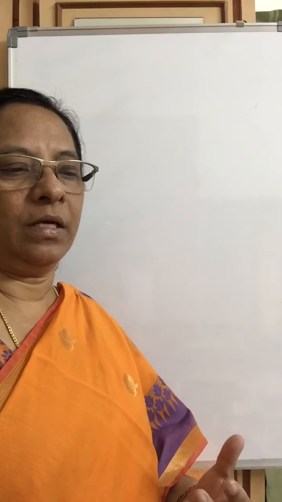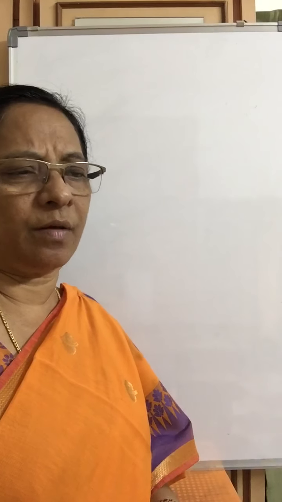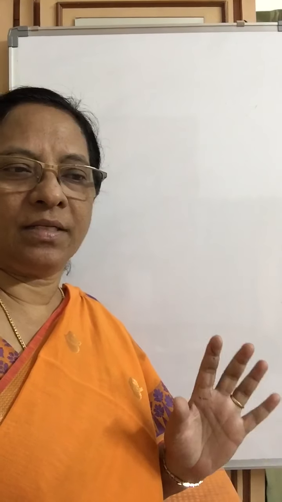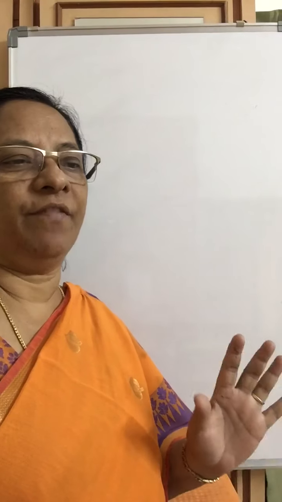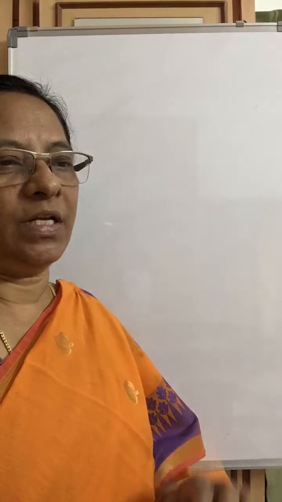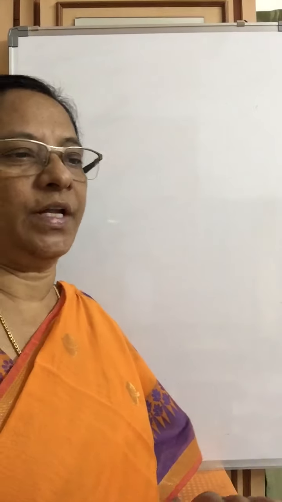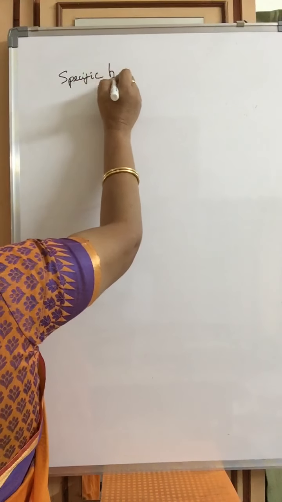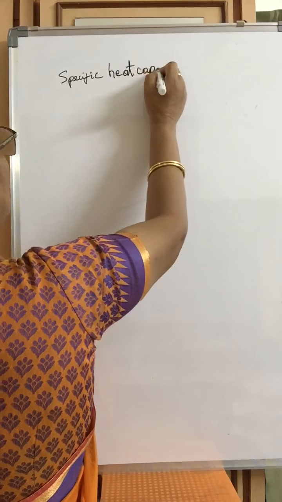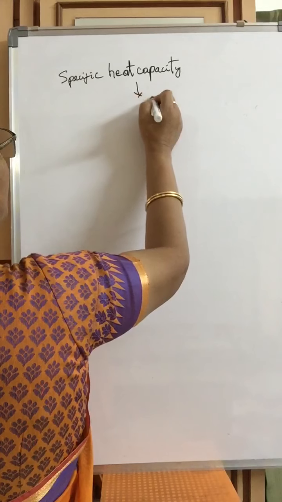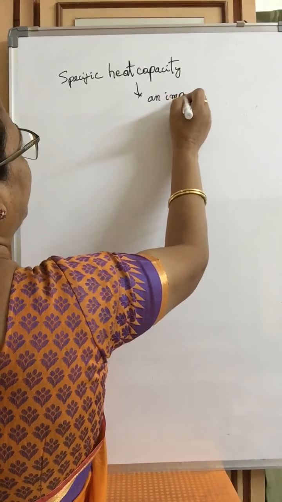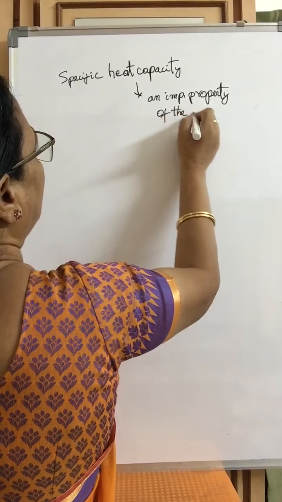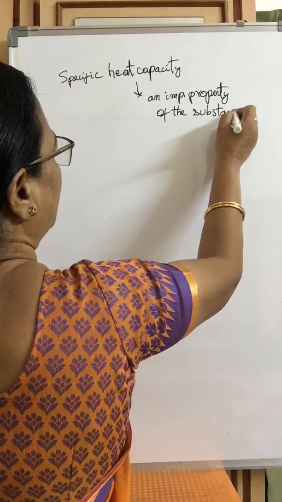Specific heat capacities of all different materials, liquids, gases, and solids, are given at different temperatures in chemical engineering data books and heat transfer data books. So specific heat capacity is a very advantageous and important property of the substance. Why is it an important property of the substance?